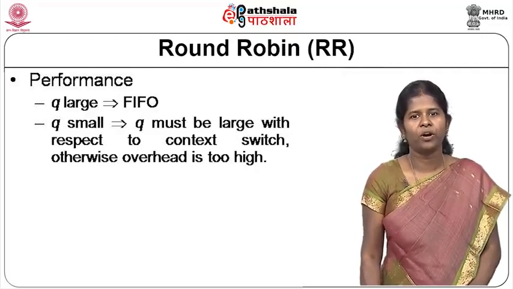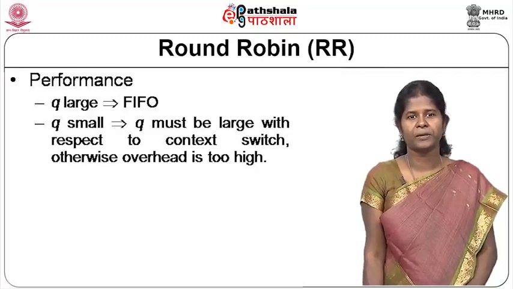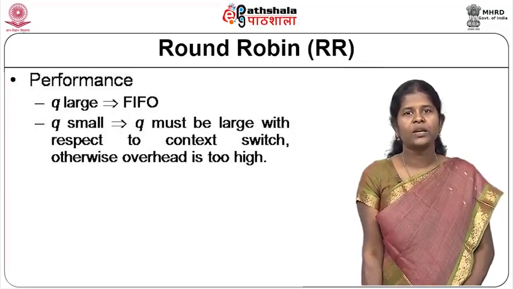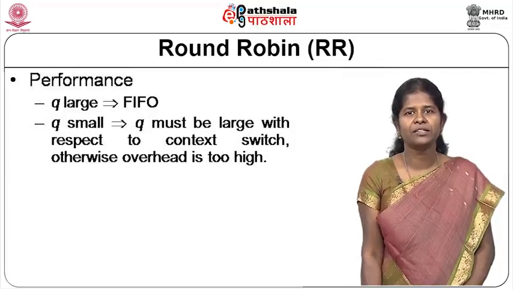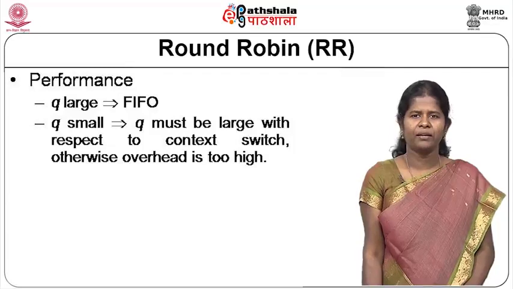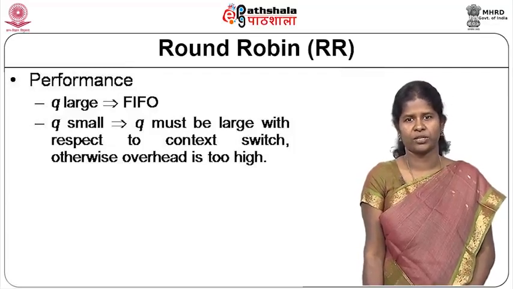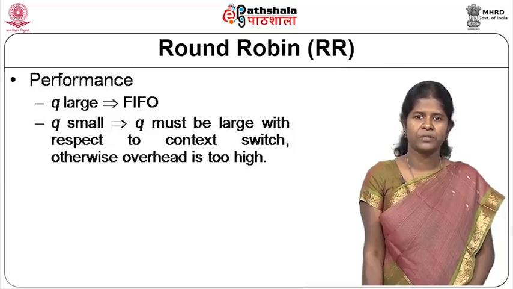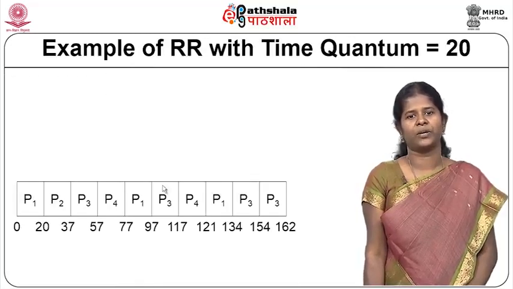If you look at the performance of the round robin scheduling algorithm, if the time quantum is very large, it will work very similar to a first in first out scheduling algorithm. But if it is very small, then there will be frequent switches, and a lot of time will be spent in context switches, which is an overhead.